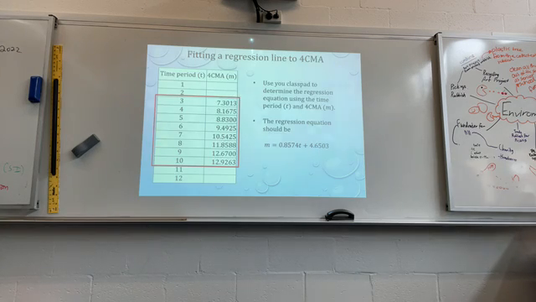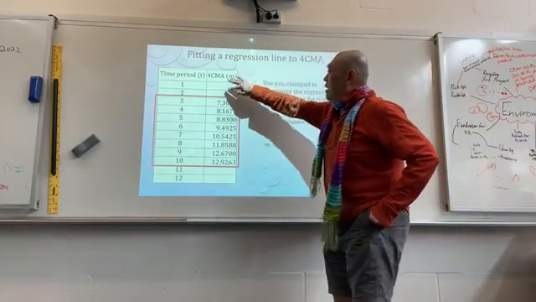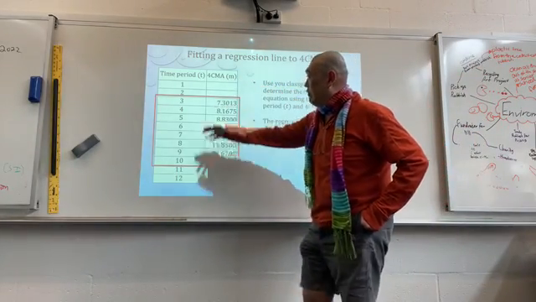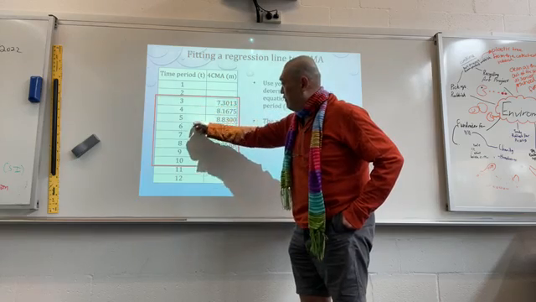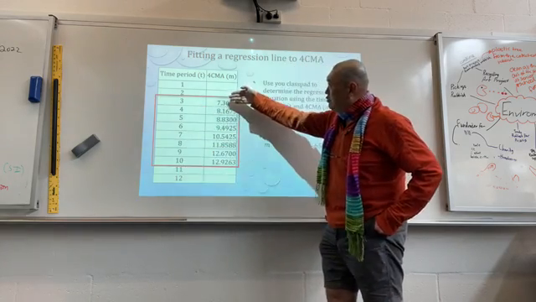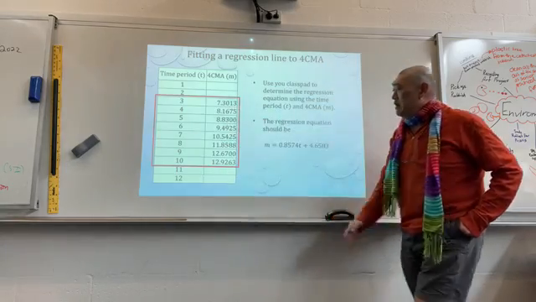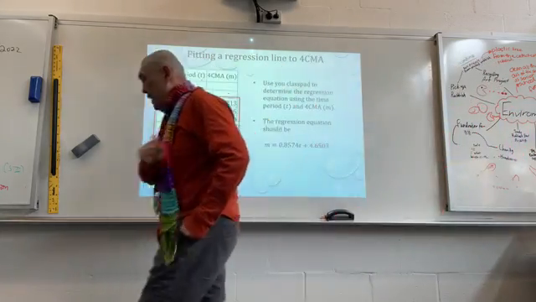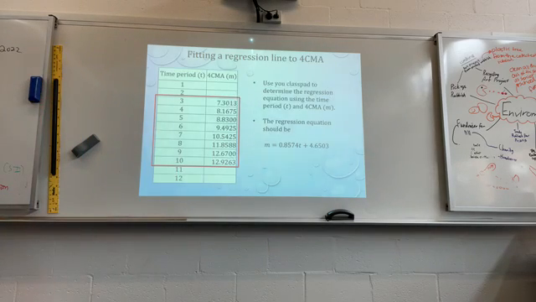Input all this data. Forget about time periods 1 and 2, and time periods 11 and 12. X will be 3, 4, 5, 6, 7, 8, 9, 10 on list 1, and list 2 will be this. See if you come up with the same regression line.